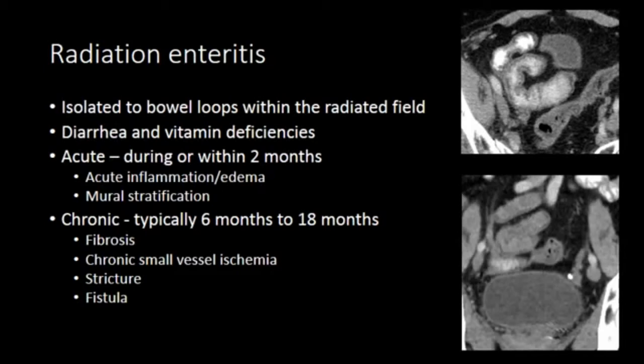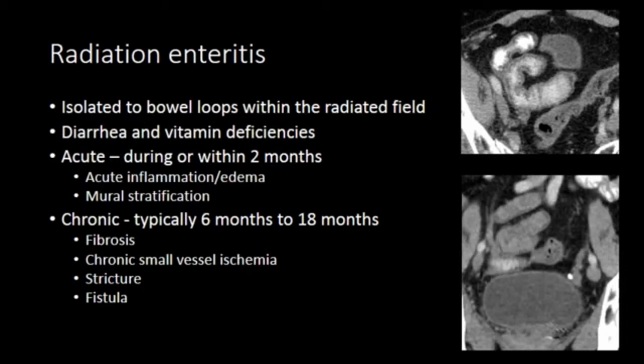Similar to chemotherapy, the radiation often disproportionately impacts rapidly dividing cell populations, which the mucosa of the bowel is. So you get inflammation or cell death within the mucosa, and that results in acute inflammation and edema that may manifest as mural stratification in the period of time while the patient's receiving radiation or soon after receiving radiation.